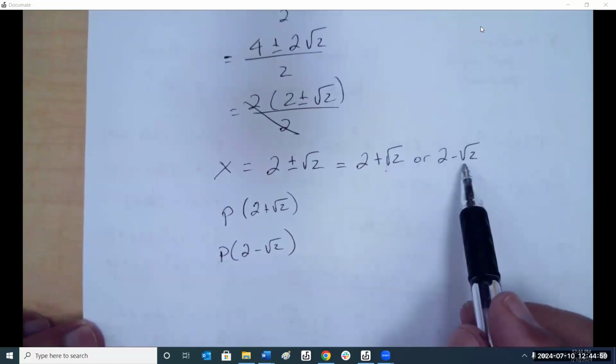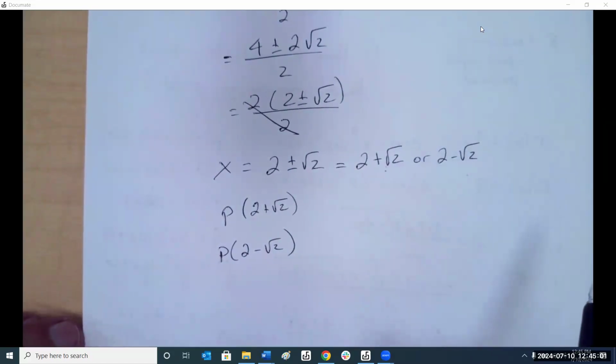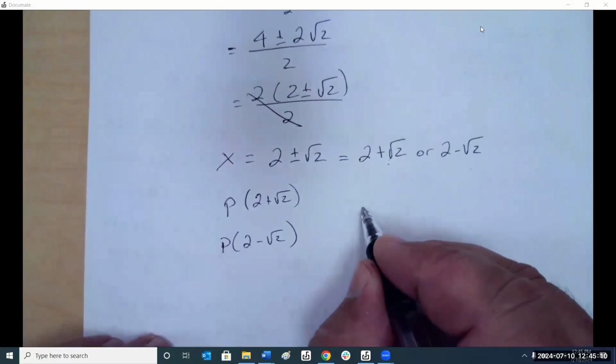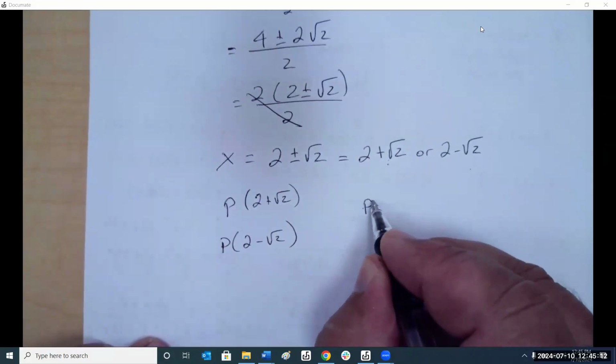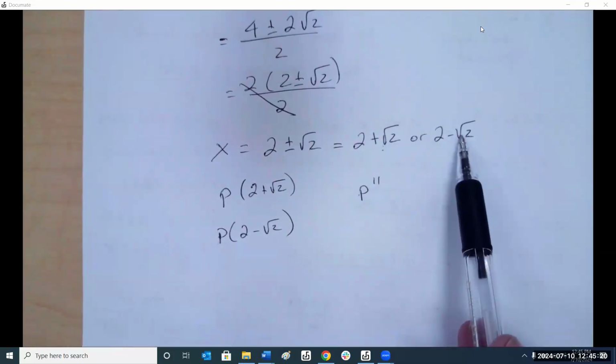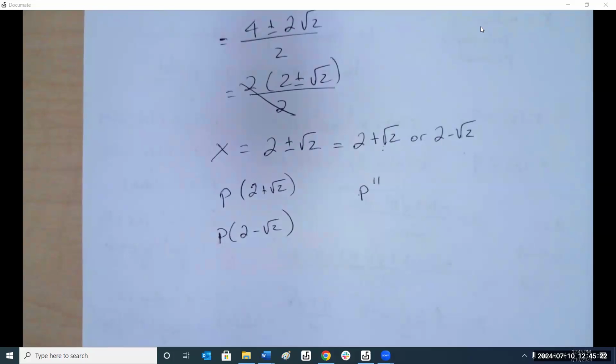How do we determine which one's maximum, which is minimum, without doing this? Second derivative test, concavity. Once we find the second derivative, plug these in there and see which one's positive, which is negative. We want the maximum one.